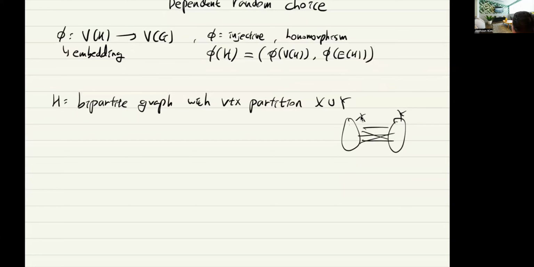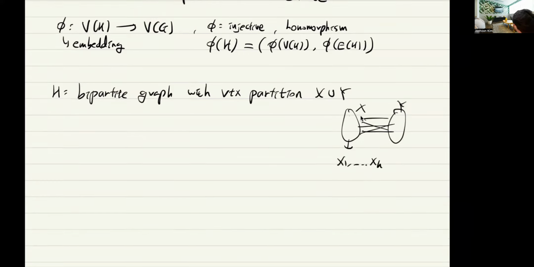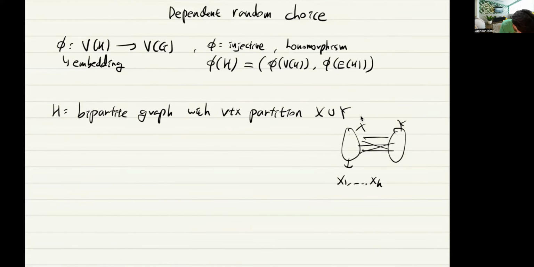Let's say the vertices in X are x1 to x_h, and assume we want to embed these vertices before the vertices of Y. So we embed x1 to x_h into pi(x1) to pi(x_h) in order.